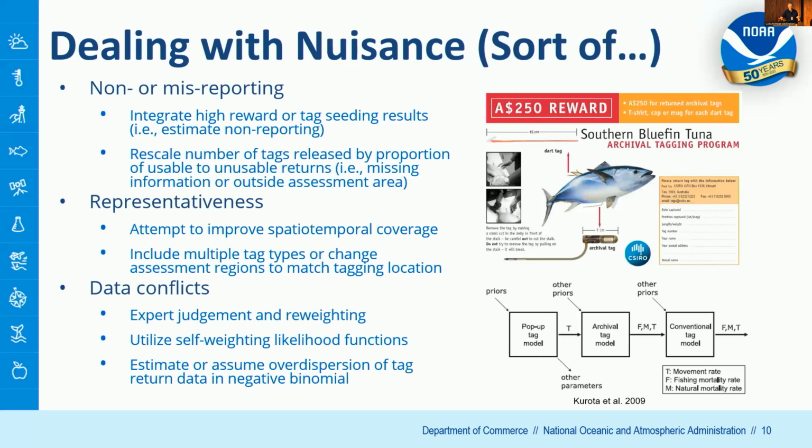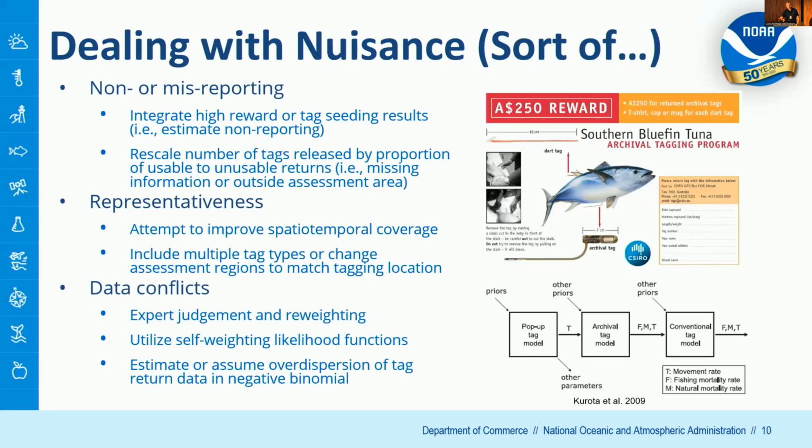You could fill those in a little bit if you had satellite tags and archival tags to see what a subset of those fish are doing in terms of their actual movement, migration pathways, and use that information to try to inform what the mass number of tags that you can't really see are doing. So I think there are some potential ways forward by using these multiple tag type models that integrate all these different tags.